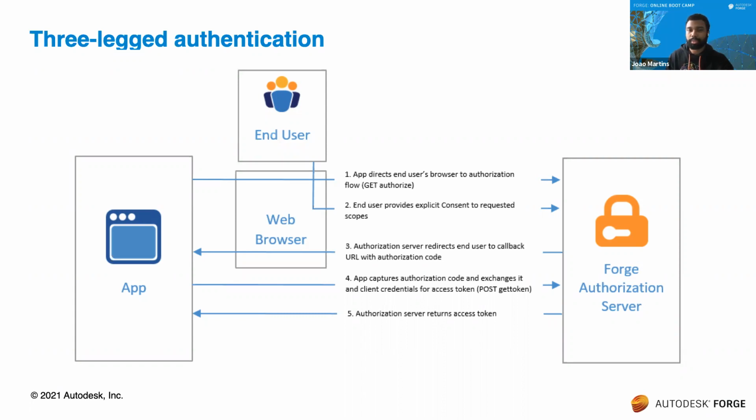We are going to see in a few minutes what I mean by that. We can provide scopes for viewing data, for writing data, and for deleting all of the data of this end user on the platform. On the Forge login page, after the login, the user is going to consent for our application to use this data.